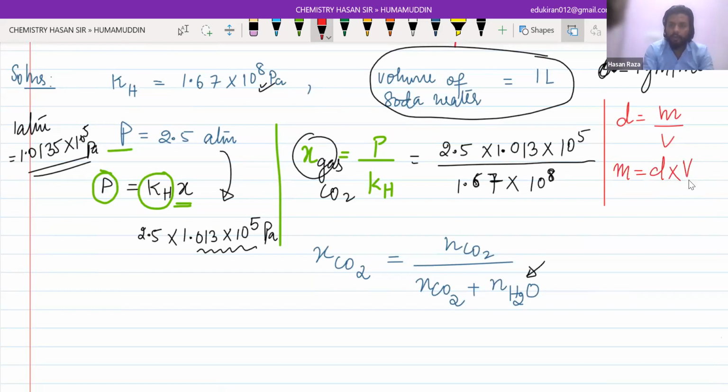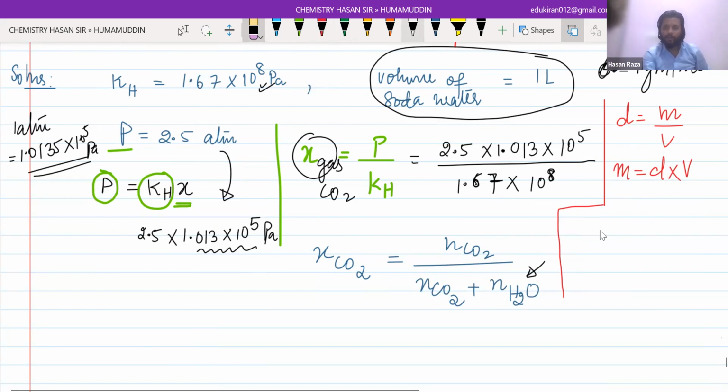Density is basically 1 gram per ml, and volume you can see is 1 liter. That means 1000 ml, and ml will be cancelled, and you will be getting 1000 gram.